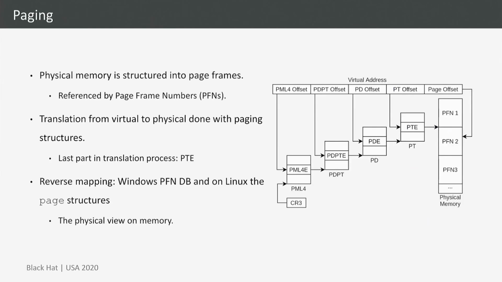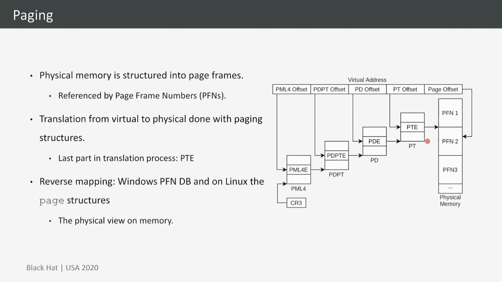So the second part that we're going to talk a little bit about is the paging structures, so the process of translating a virtual address to a physical page frame. The relevant part for us in this case is just a page table. So at the end of the translation process, we will end up for a virtual address on a specific PTE, a page table entry. This one contains a pointer to the actual page frame that contains the memory for this virtual address. And the virtual address also has a page offset into this page frame where the actual byte is located where this address points to.